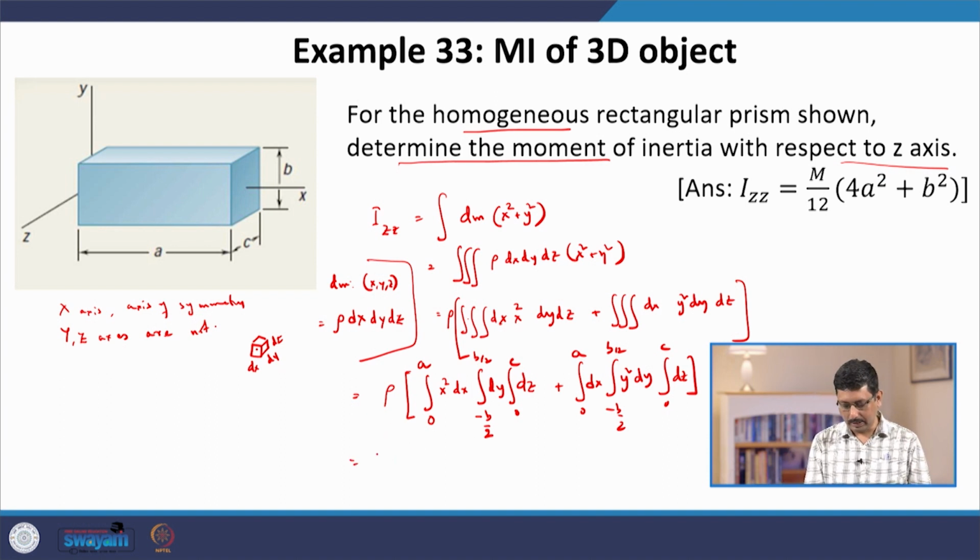Now, rho we can write as the total mass, which we assume to be m, divided by the volume of the prism, which is just a times b times c.